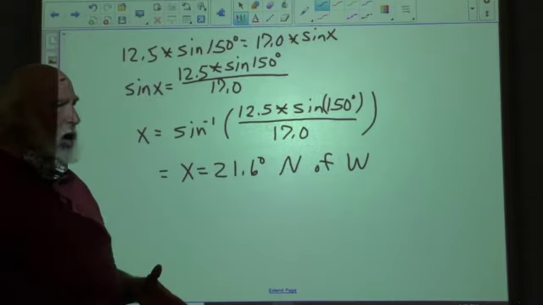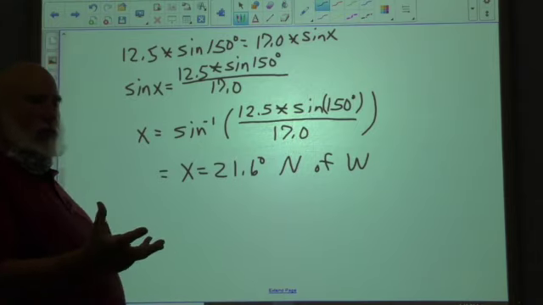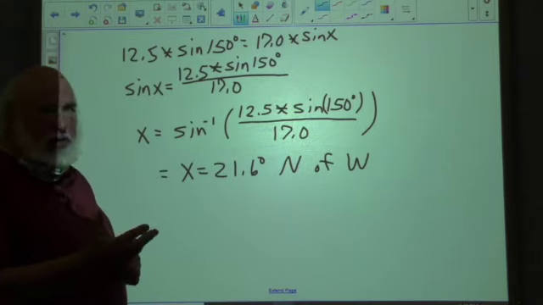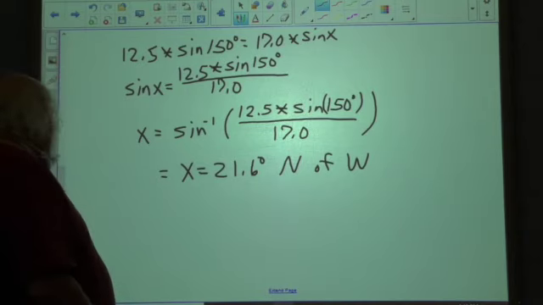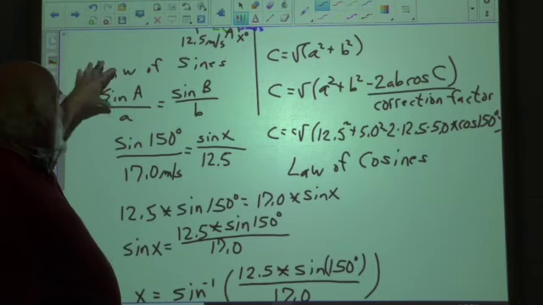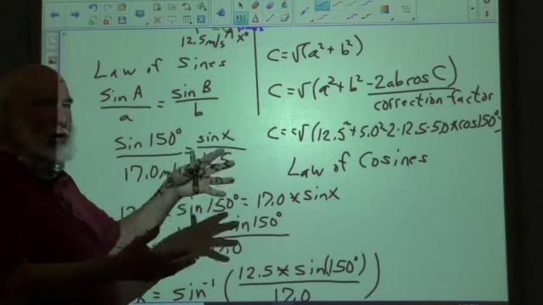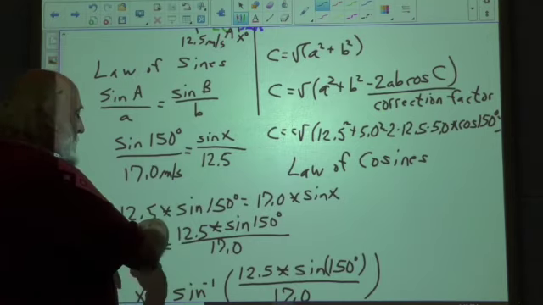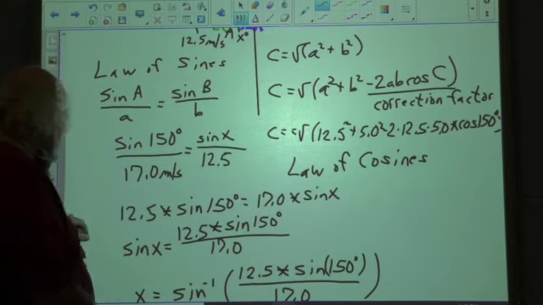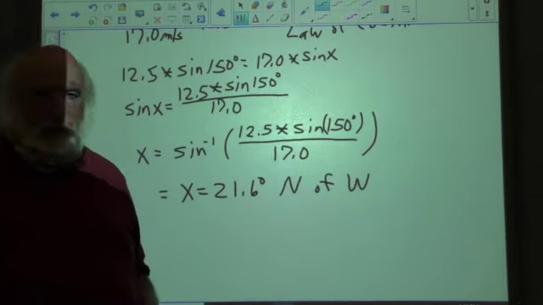When you have to use the Pythagorean theorem, you still have to use the Pythagorean theorem, but you've got to have that correction factor of negative 2ab times cosine C. The angle part is probably going to be the one that's going to challenge you the most. But if you just identify what's angle A, what's side A, what's angle B, what's side B, and then just dump it in there and use your mathematical skills, you come out looking at this answer right here.